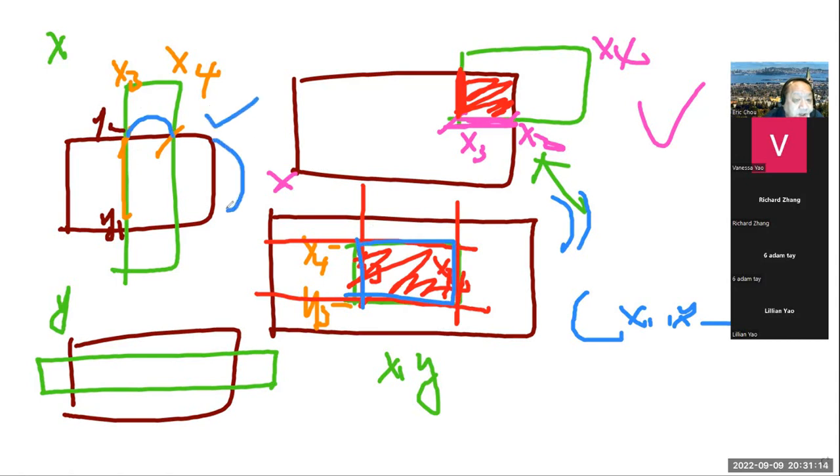Y is also the middle two, right? Is that okay? How about this one? So this one, your x is the middle two.